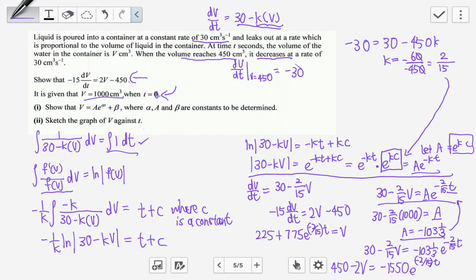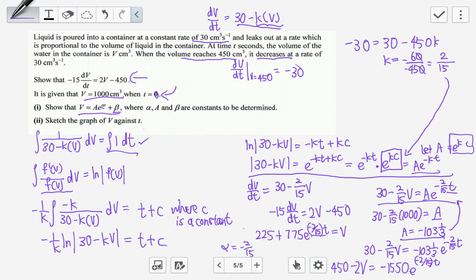So alpha is my minus 2 over 15, beta would be my 225, and my a will be 775, comparing to this equation. So my alpha equals minus 2 over 15, it's here compared to here.